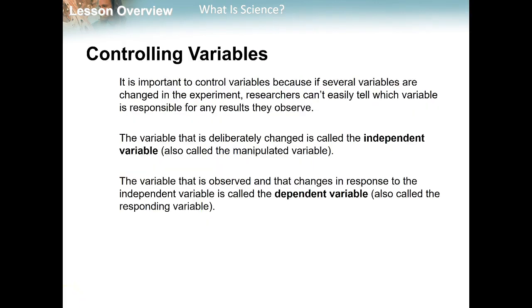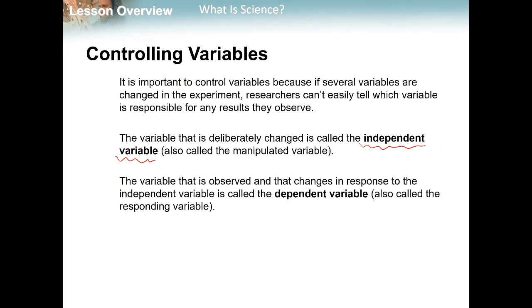So let's take a look at why it's important to control those variables. And as I said, if there were several variables that were being changed, the researchers wouldn't be able to tell which variable was responsible for the results they observed. So they focus on one variable that they're going to change. And that one variable, we're going to call the independent variable.